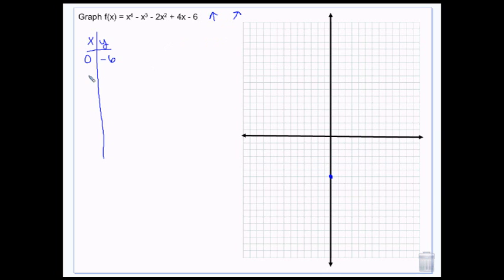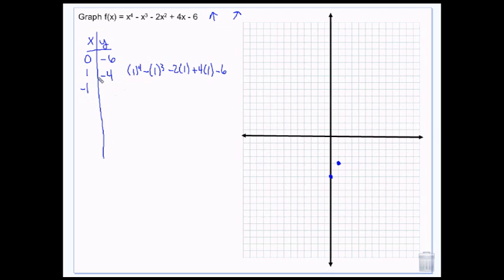Okay. If I plug in 1 for x, I get 1 to the 4th minus 1 to the 3rd minus 2 times 1 plus 4 times 1 minus 6. So that's 1 minus 1, that's 0, negative 2, positive 2, negative 4. Okay, so as you can see, I'm still moving up on this side.